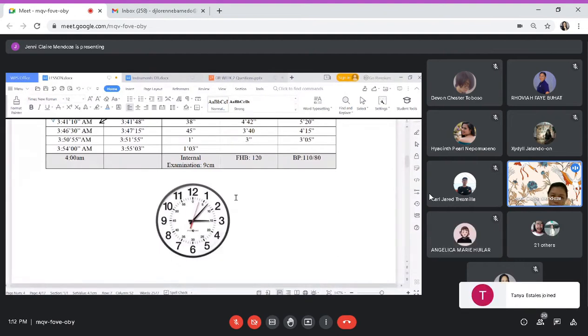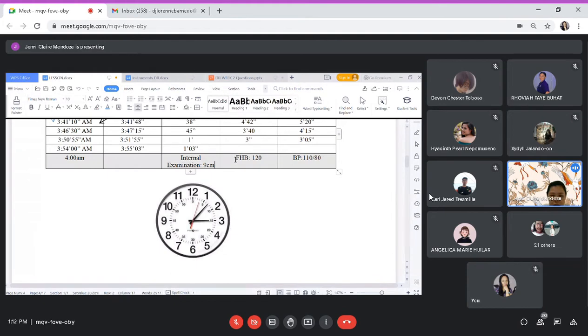But we don't do it to all students. Okay, maybe 1 or 2 students for each blocking will have an experience of vaginal examination.